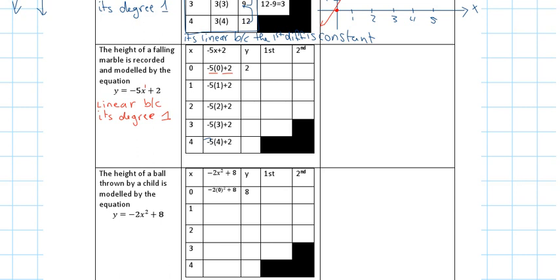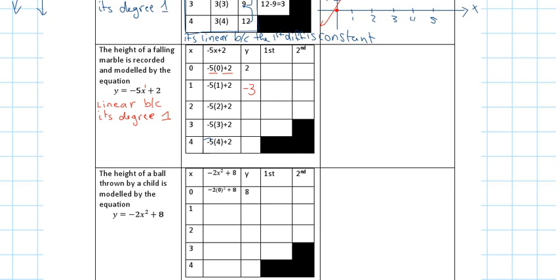Now, we're going to have to do the next one together. Okay, I'm going to replace x with 1. And that's going to be negative 5 times 1 plus 2. What's negative 5 times 1? Negative 5. Add 2. Negative 3. Right?